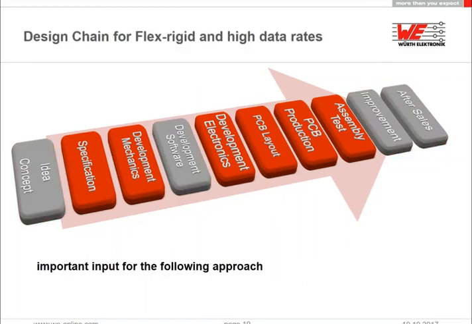The red points within the design chain include relevant input for the following approach for signal integrity. So specification is important. We will also care for the mechanical design, of course for the electronic design, the PCB layout, the production, and the test, in such a way that we can perform an impedance measurement.